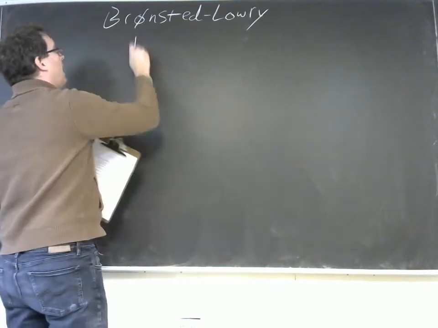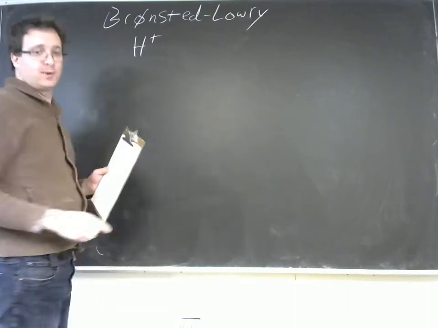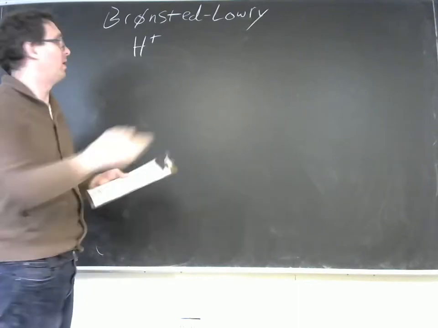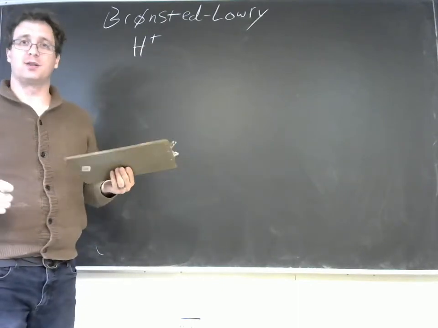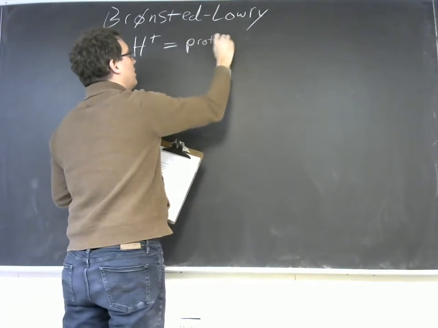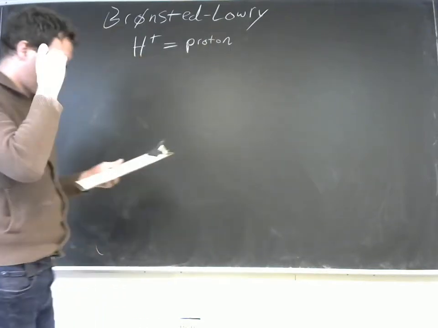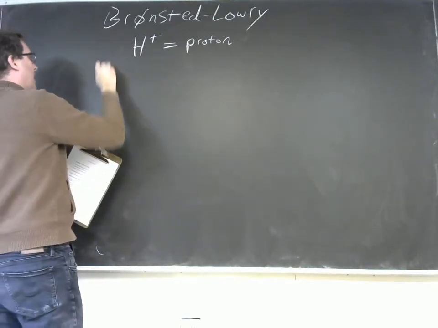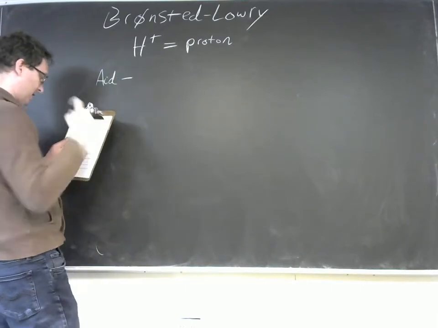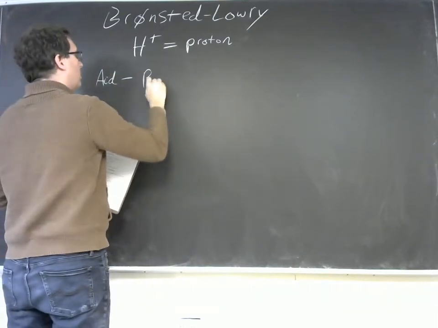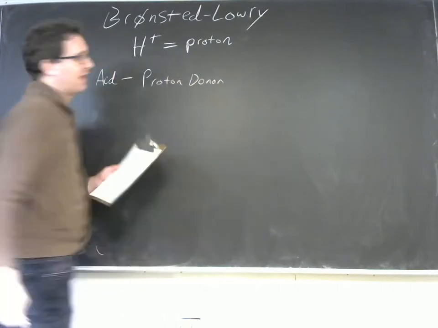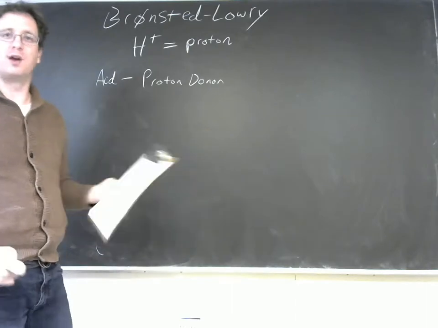So H+ is really just a proton. Remember, a hydrogen atom is a proton with an electron. Well, when you turn it into a cation, it loses the electron, and so this is a proton. H+ is a proton. And so a Bronsted-Lowry acid is a proton donor. That means in a chemical reaction, it's going to donate a proton to its reaction partner.